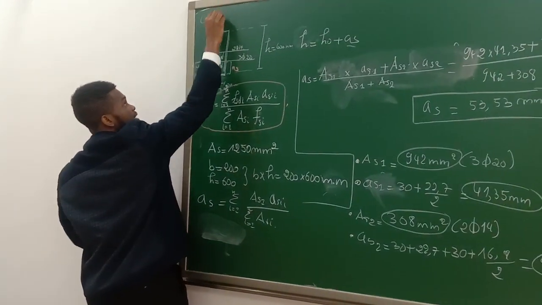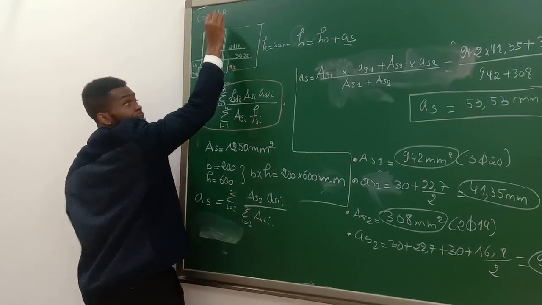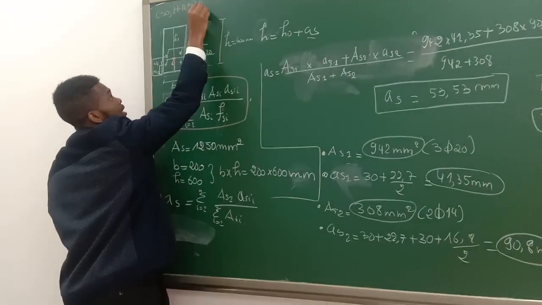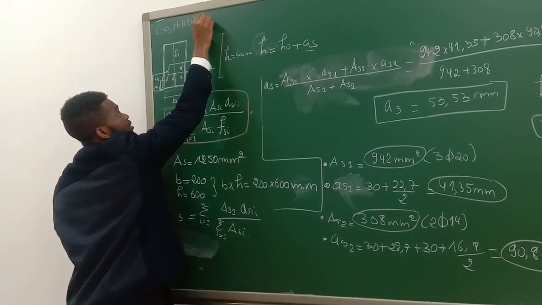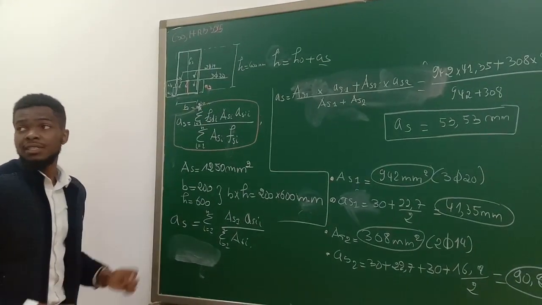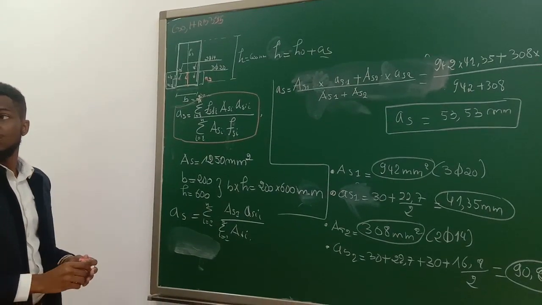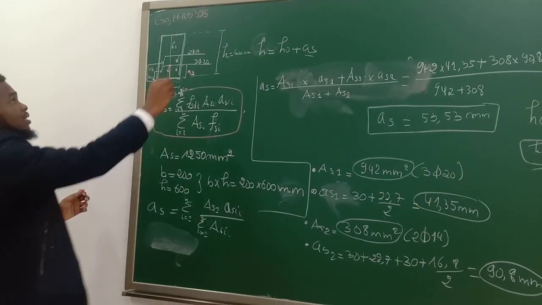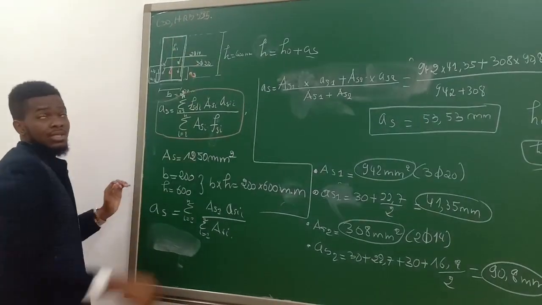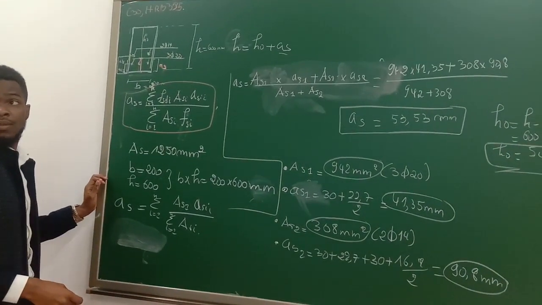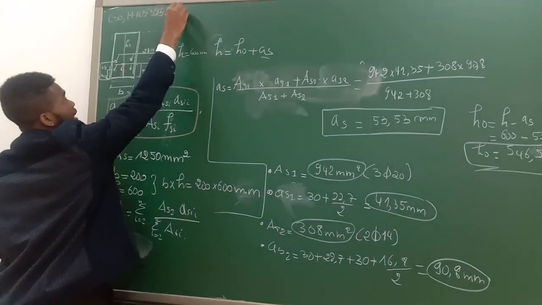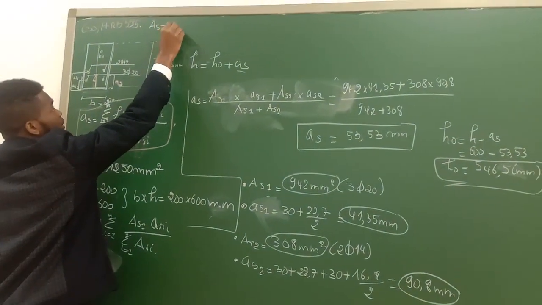The kind of steel is HRB 335. They also give us the area, AS, 1250.